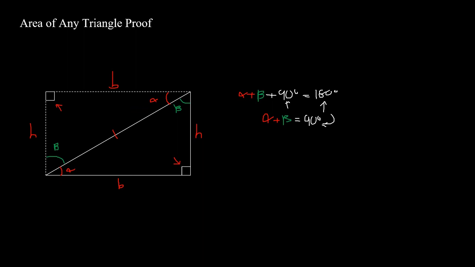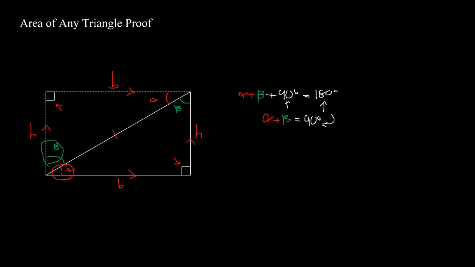You can also prove this because these two lines are parallel because of the way that we duplicated it. So by alternate interior angles, this must be alpha and this must also be alpha. And same thing with beta. If these two lines are parallel, this angle must be equal to this angle.